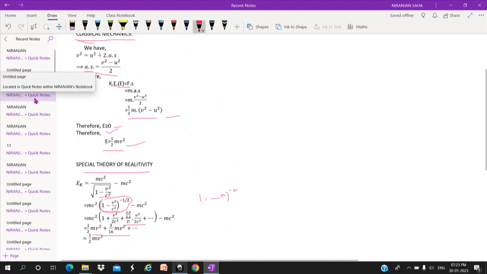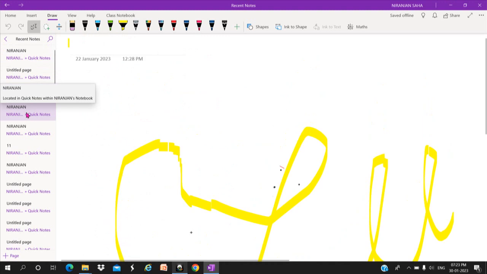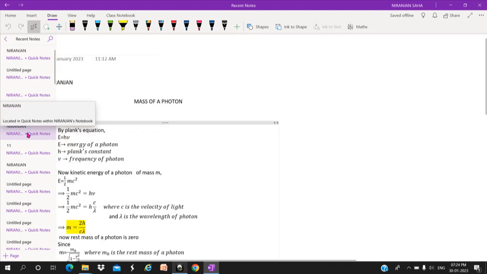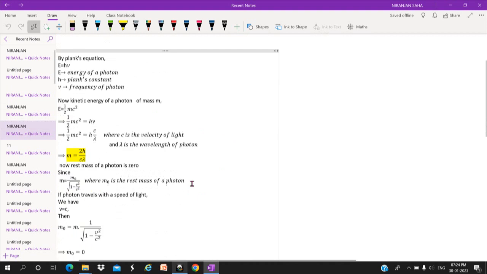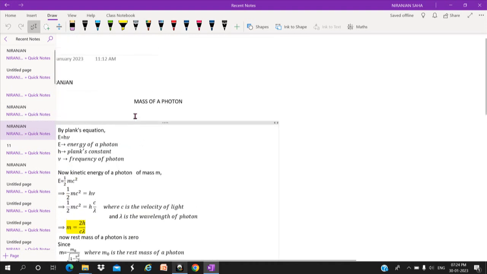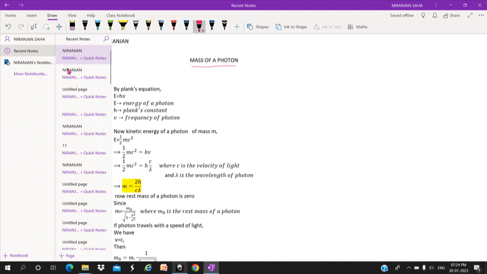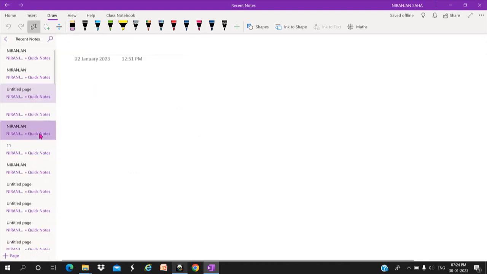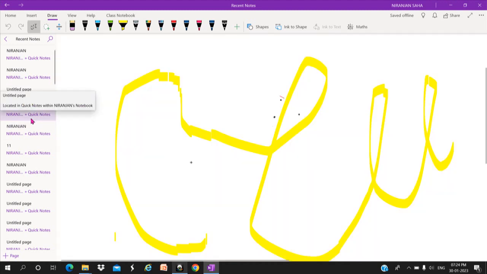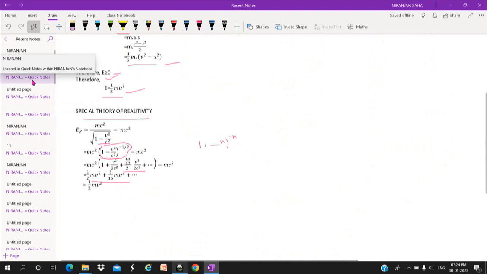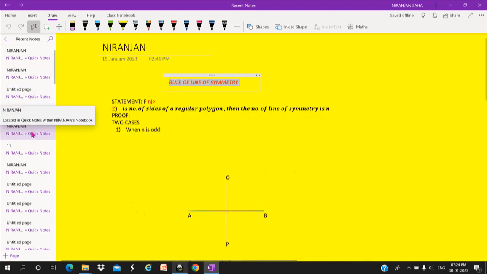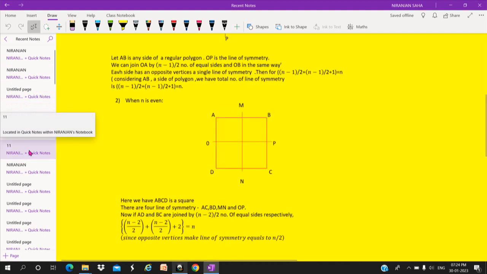Now this is the mass of a photon. How can we calculate the mass of a photon?